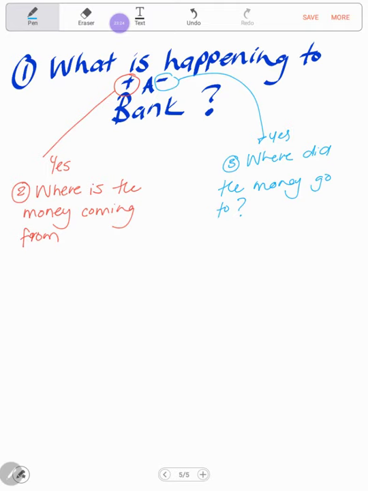Did your bank increase or did your bank decrease? When you're purchasing, it means you are making a payment. So your bank for sure decreased. Now you're asking yourself, where did the money go to? What did I purchase that my bank account decreased? You have purchased trading stock.